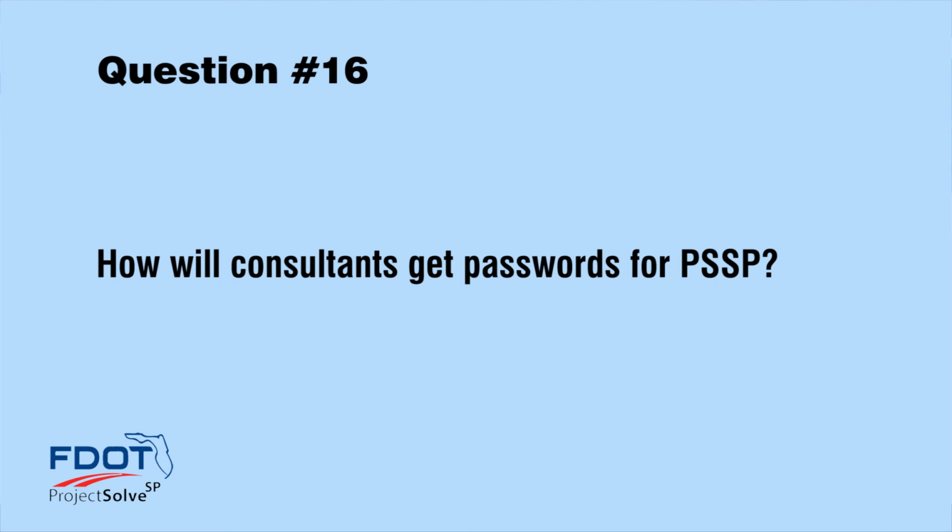How will consultants get passwords for PSSP? You'll be given a link during the pre-construction meeting that will take you to a place where you create an account, and it goes through a process that confirms that you're a real person, just like you would if you were setting up an account for a credit card or something like that.